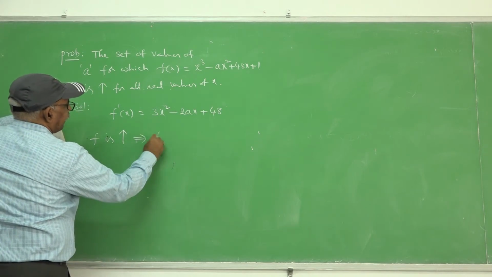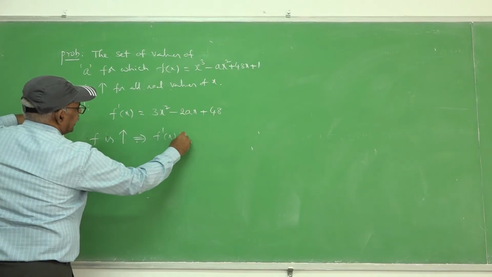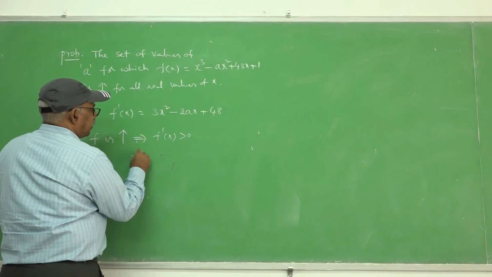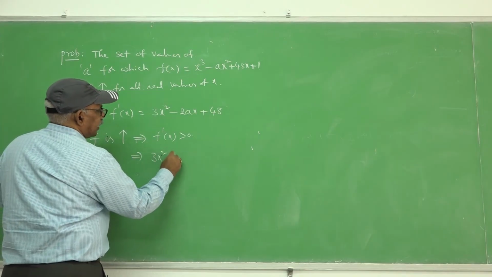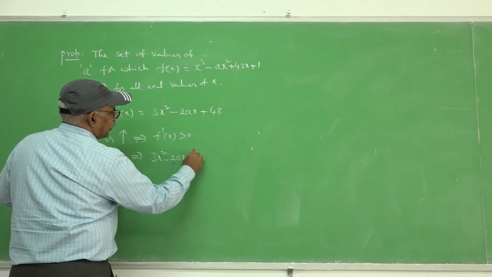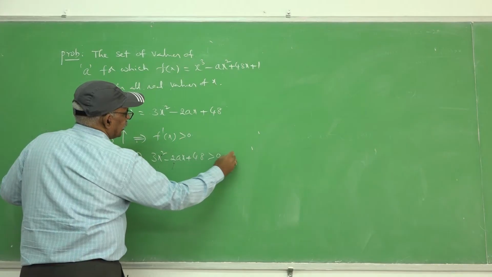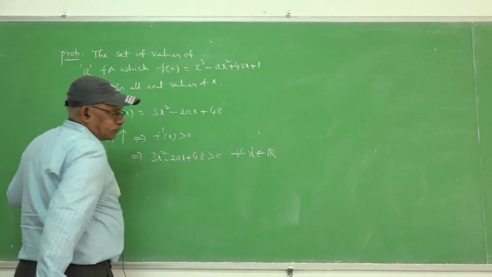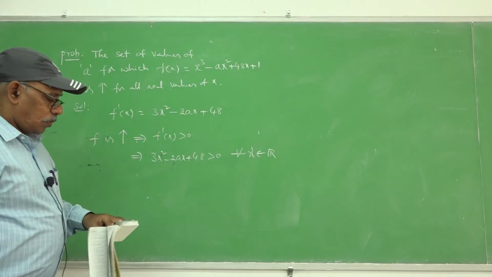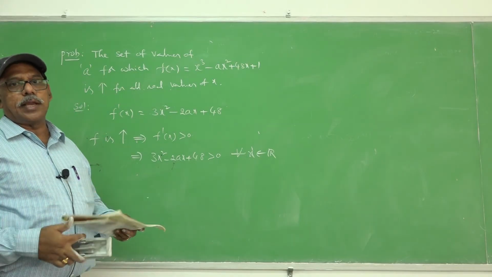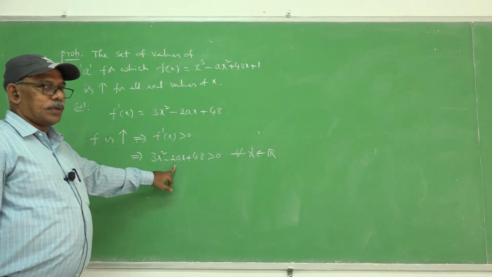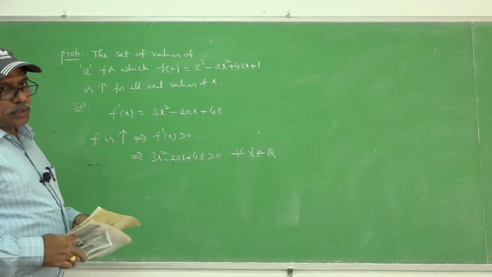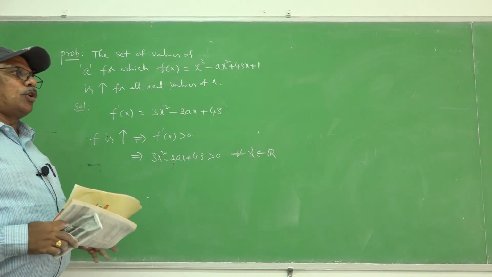F is increasing implies f dash x is greater than 0 for all x. That implies 3x square minus 2ax plus 48 is greater than 0 for all x that belongs to R. Once the quadratic is more than 0, graphically observed, every quadratic represents a parabola.